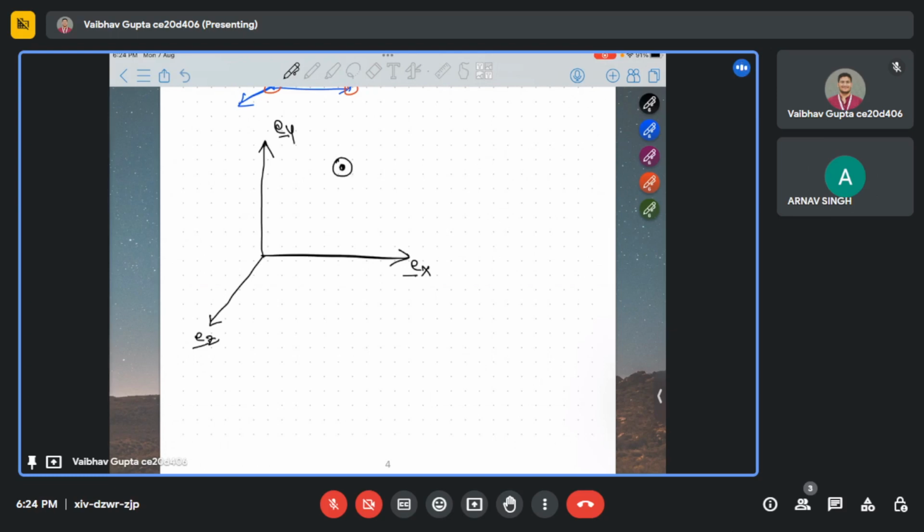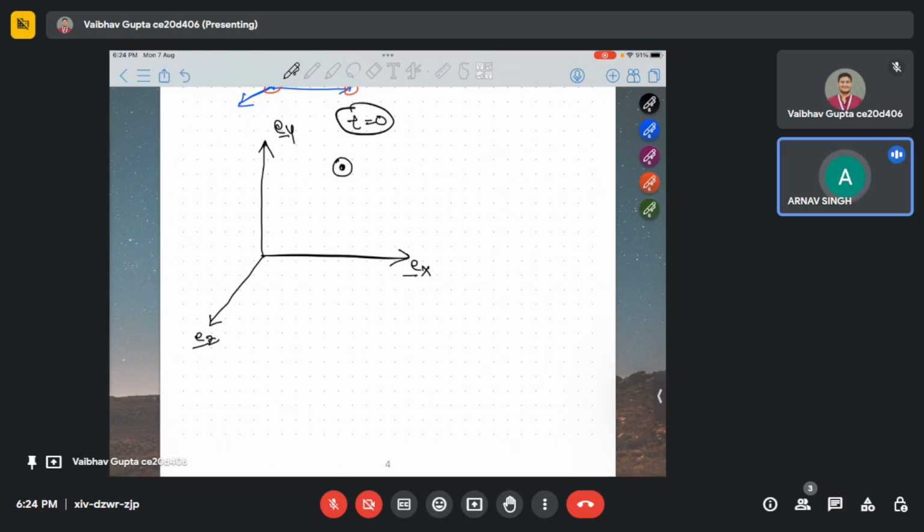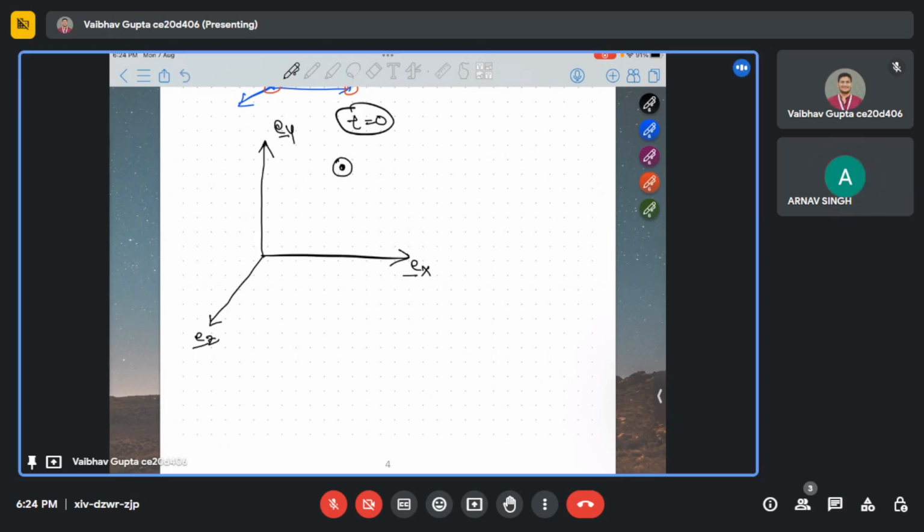This body is at time equal to 0, suppose. At time equal to t0, this body is like this. If two different persons are there, can they put the same point here? They can do it in any way, no? Yes, sir. They can map the physical body to any point space depending upon their system.